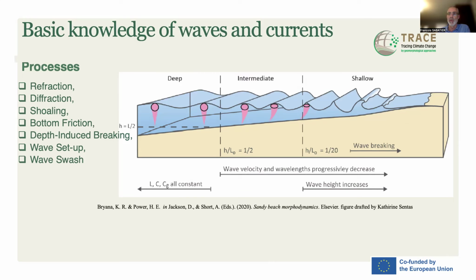If you have offshore wave data, you may assume that wave properties are conserved. However, wave height, wavelength and direction begin to change as soon as water depth decreases. And this transformation starts when the water depth becomes less than half the wavelength. Initially, the modifications are gradual, but they increase progressively as the wave approaches the coastline.